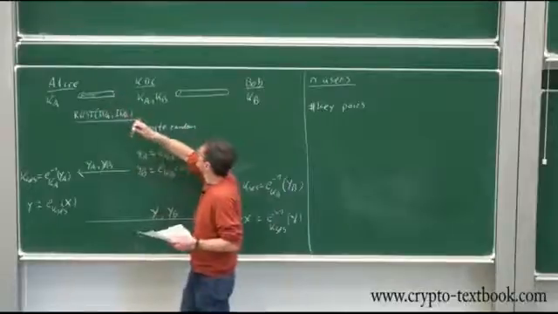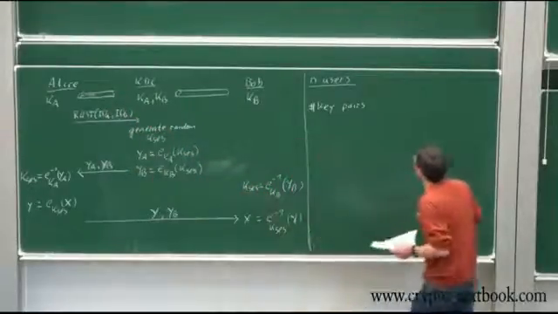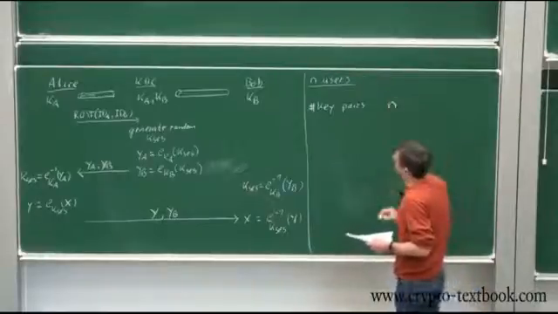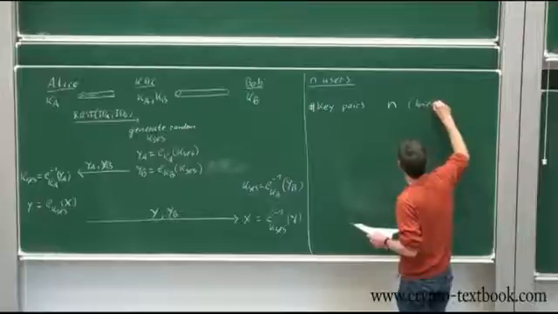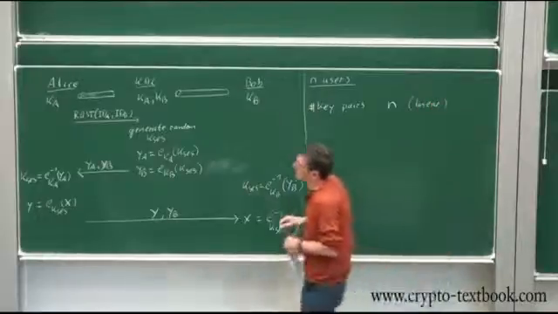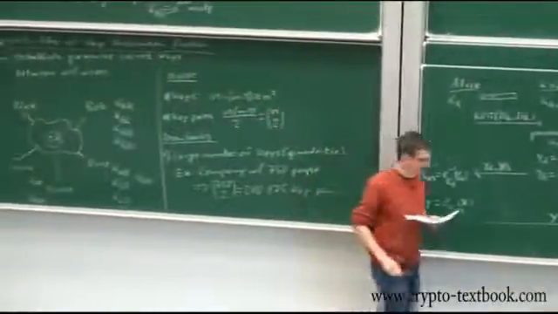Alice and the KDC share 1, Bob and the KDC share 1, and so forth. So if you have n users, we have n keys. That means this is linear complexity as opposed to the quadratic complexity here.